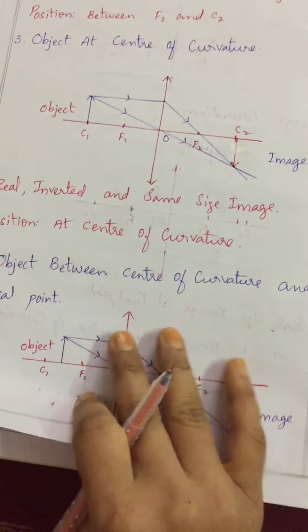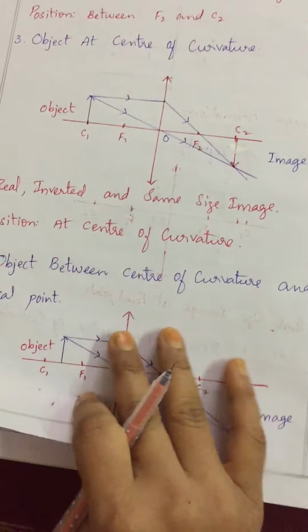See, here also we are using two rules out of three. The first ray is parallel to the principal axis and passes through the focal point, and the second ray passes through the optic center. Where the two rays intersect, there we get the image. See here, beyond the center of curvature, these two rays intersect.